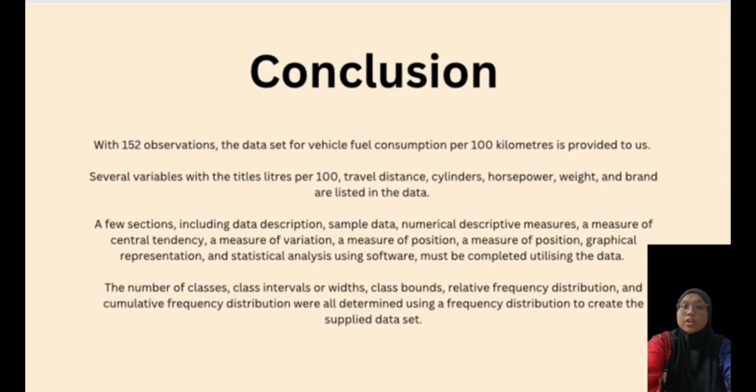A few sections including data description, sample data, numerical descriptive measures, measures of central tendency, measures of variation, measures of position, graphical representation, and statistical analysis using software must be completed utilizing the data. The number of classes, class bounds, relative frequency distributions, and cumulative frequency distribution, we all determine using a frequency distribution to create the supply data set.